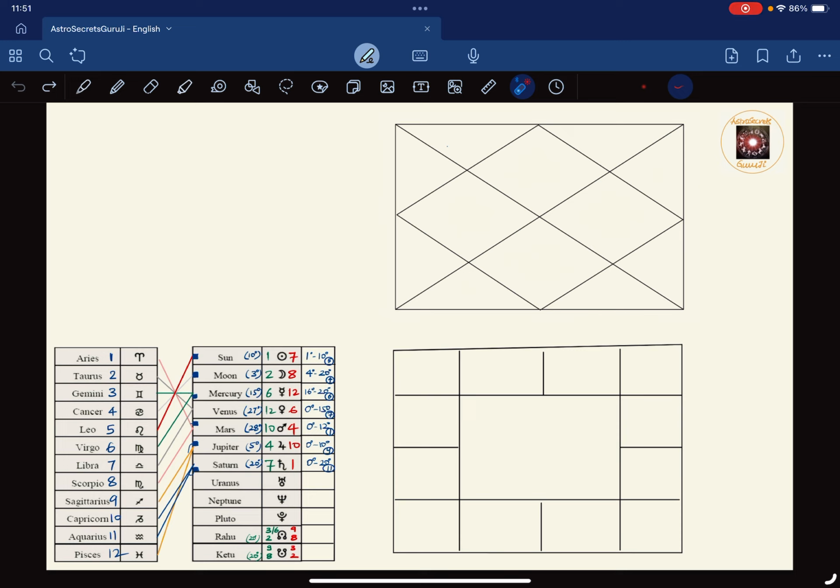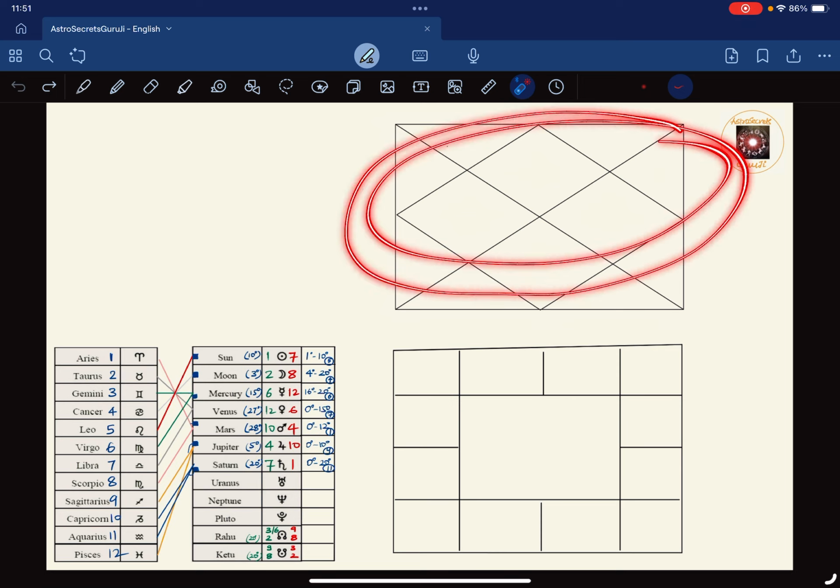Just to recap, what you see here is two different types of charts. One is a North Indian chart, or a style in which we make Kundli and then analyze it, and then you have a South Indian chart as well. The basic difference between the two is in North Indian astrology, we have the houses fixed, right?